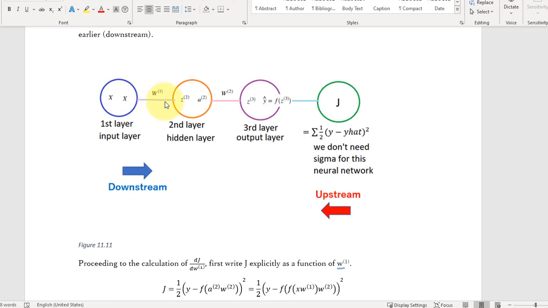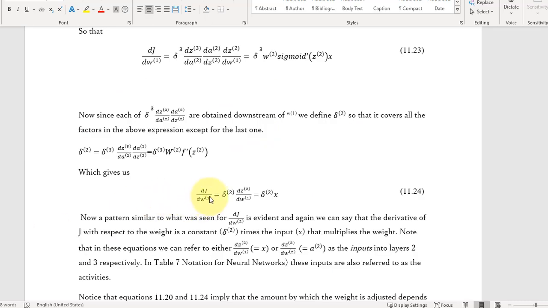Now let's go back and compare what we got here with the 111 network for dj, dw1. And this was what we got. Now, if we think about what we just showed when we were doing the 2, 1, 1 matrix, that is where we have 2 nodes at the beginning, it looked very similar to this.